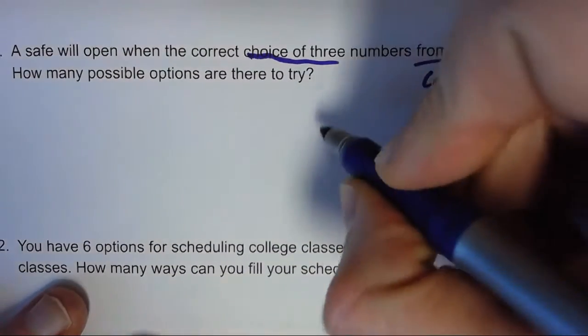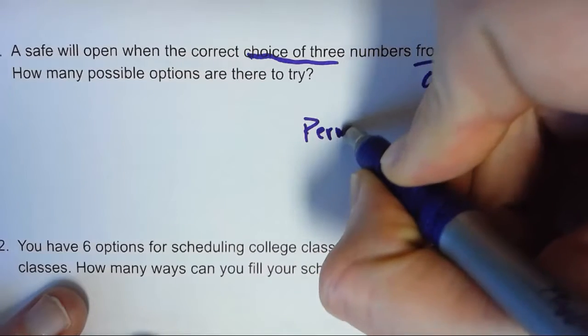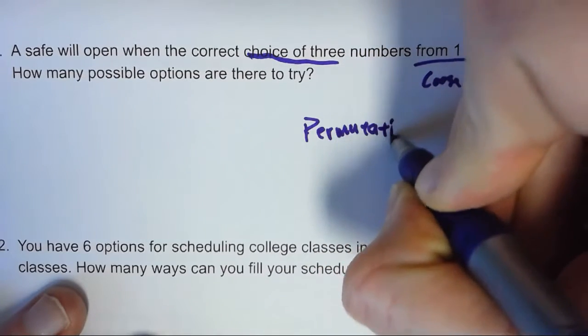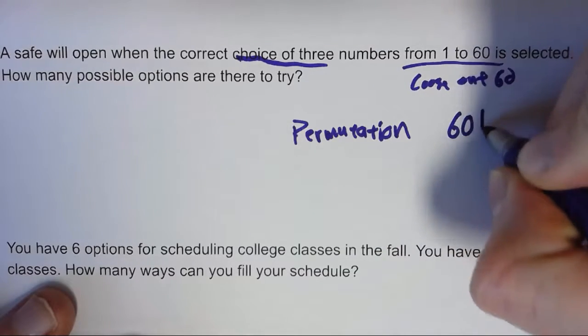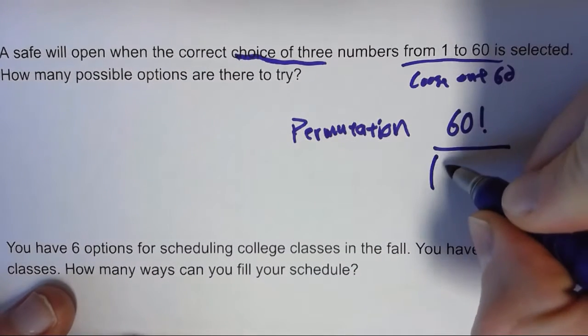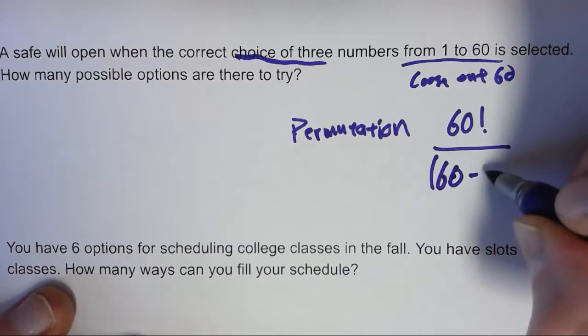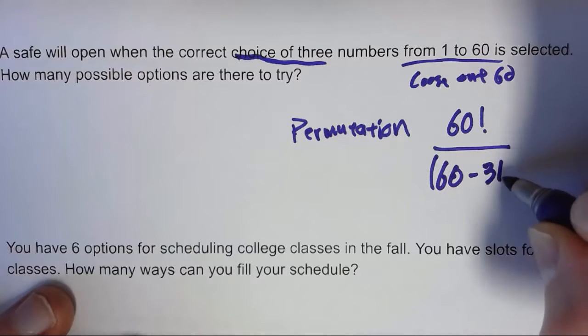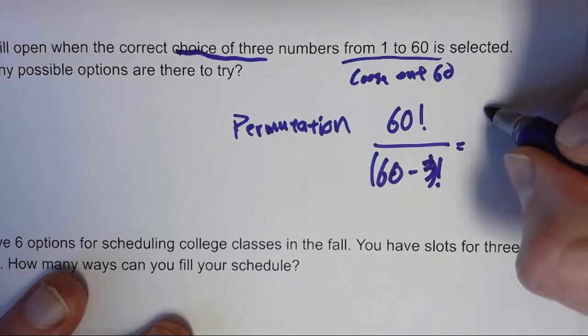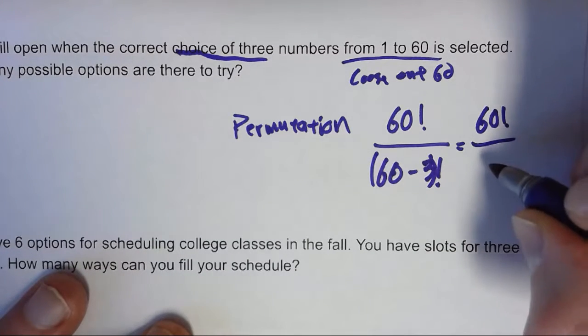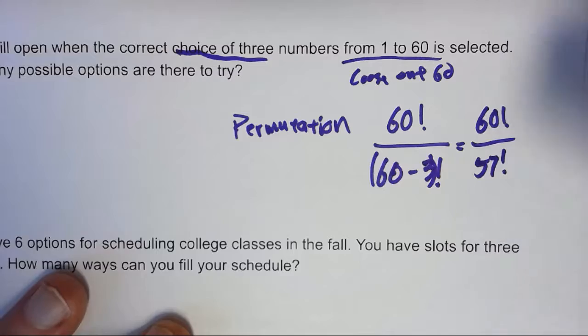So that means this is a permutation. And so we use the formula 60, that's how many we have to start with, over 60 minus 3 factorial. And that's the same as 60 factorial over 57 factorial.